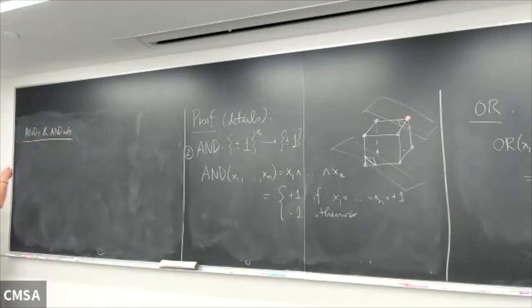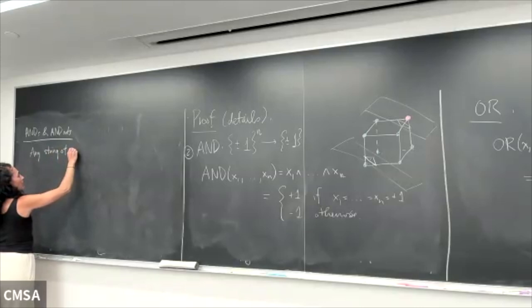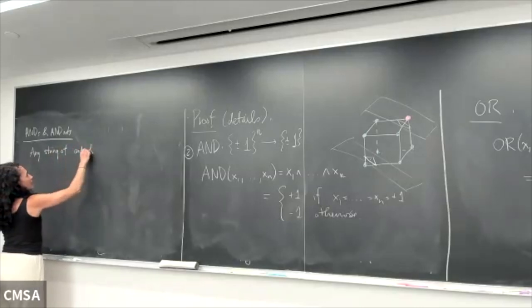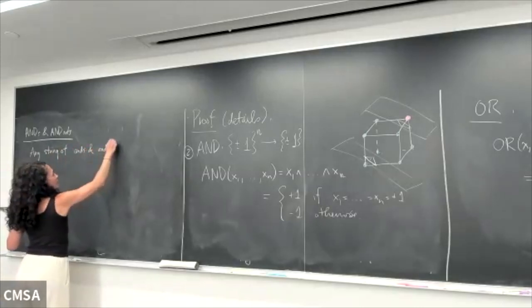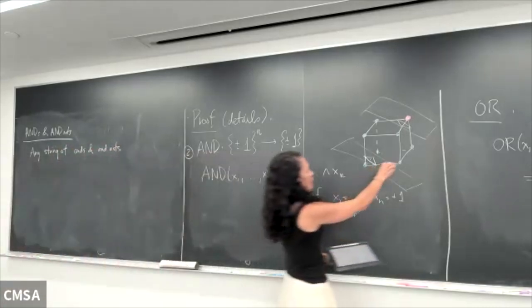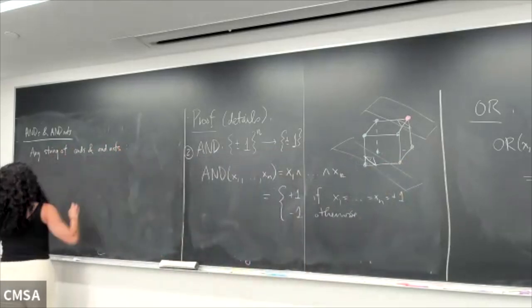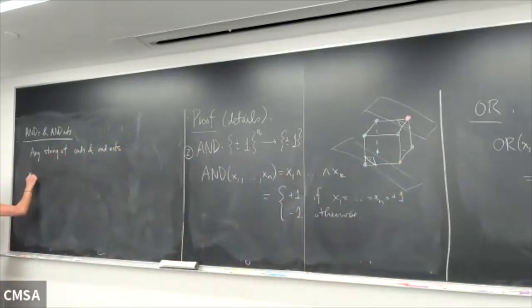Okay, so now if you have any function which looks like this, any string of ANDs and NOTs can also be viewed as a vertex of the Hamming cube. So for example, x1 and not x2 and not x3.